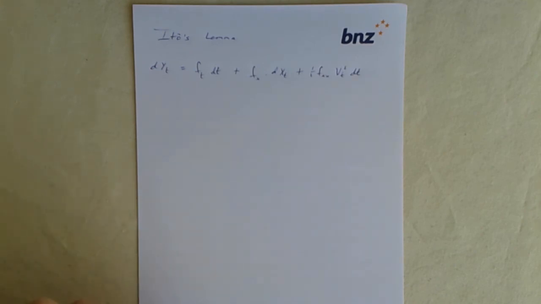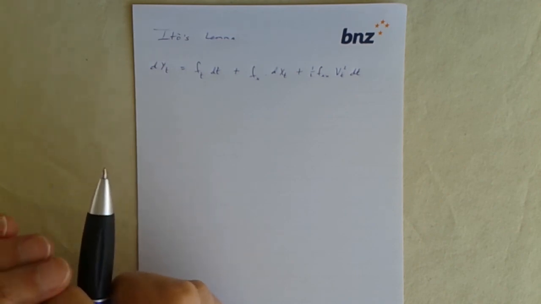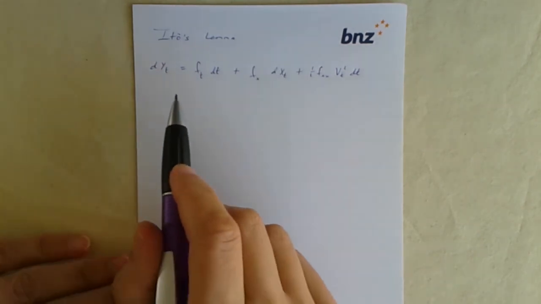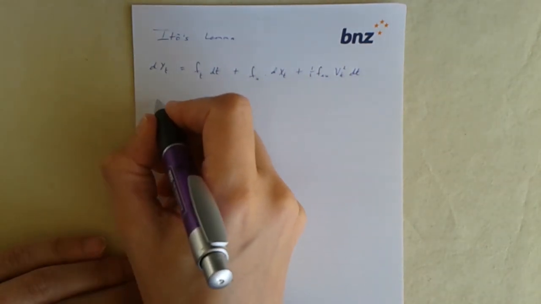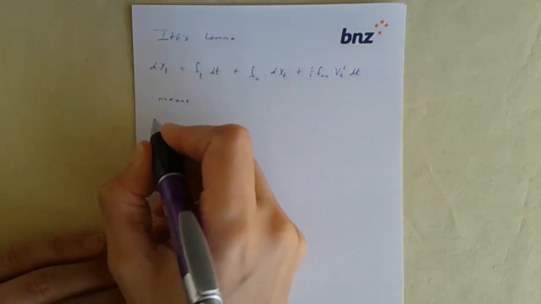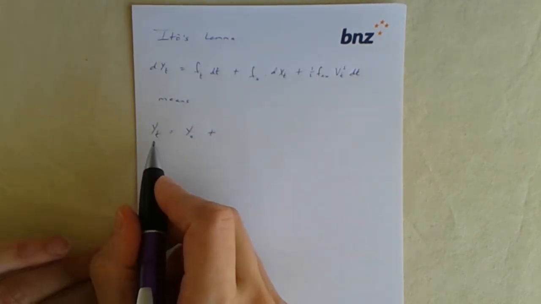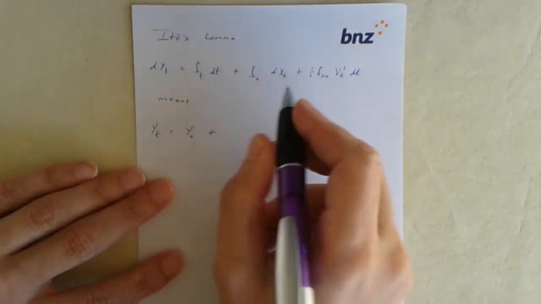All this use of dx's and dy's seems a bit confusing or unfamiliar. It helps sometimes to remember that all we're really doing is using it as a way of writing more briefly things that could be written more formally using integrals and stochastic integrals. So the statement of Ito's lemma, for instance, here it is again, that could be written more explicitly like so. y_t is its starting value y_0 plus, and now all of these bits turn into integrals.